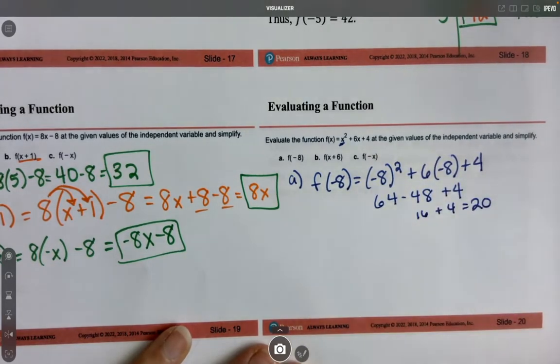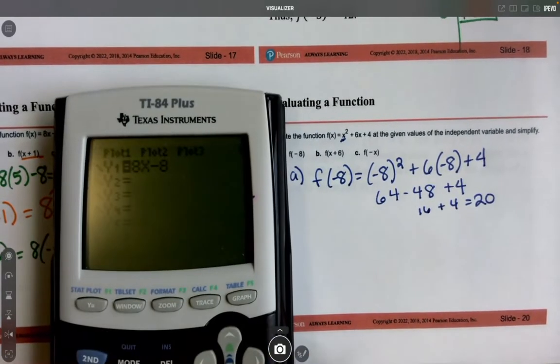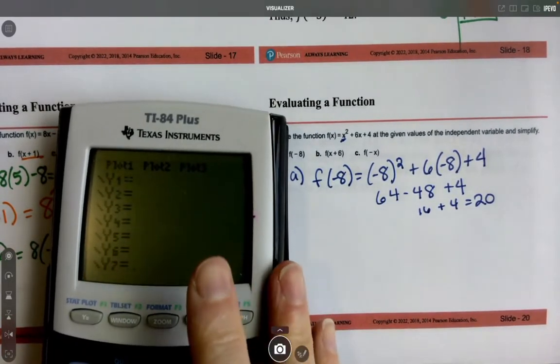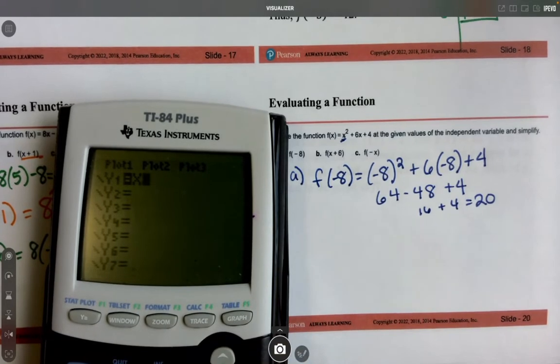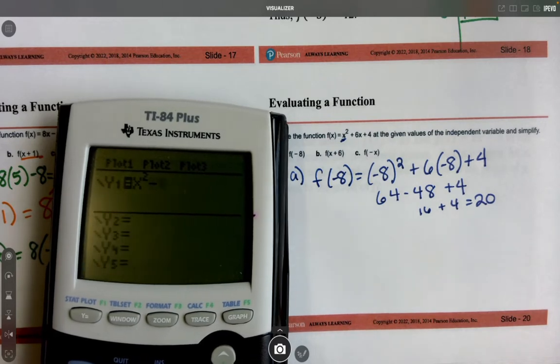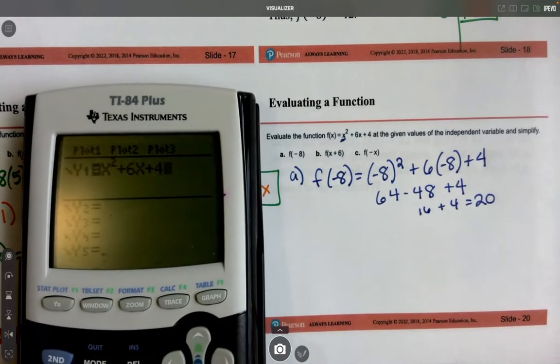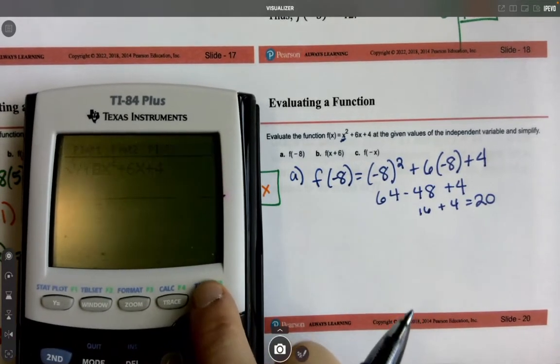Let's see how good my math is. Mental math. Let's see. So we'll go to y equals, clear that out. X squared plus 6x plus 4. And then go to your table. Second graph for the table.